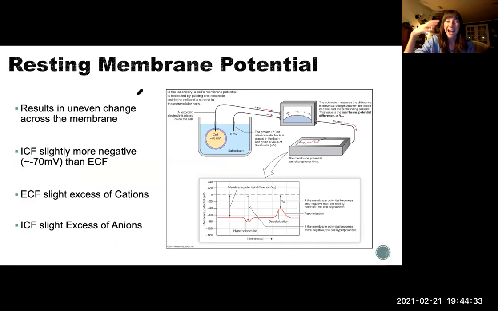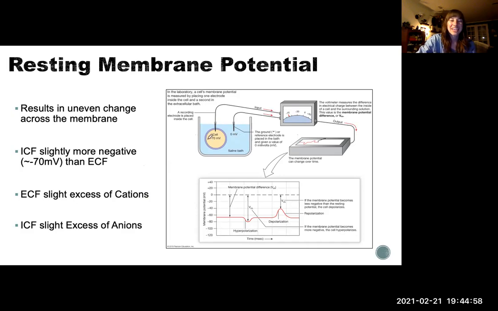Okay, so resting membrane potential is going to result, again, in a polar membrane. It's going to result in a higher positive charge on the outside than on the inside of the cell, okay? So as you can see here, if we were to actually measure this, you could see that the cell has a minus 70 millivolt voltage on the inside, whereas on the outside there is a 0 millivolt voltage.